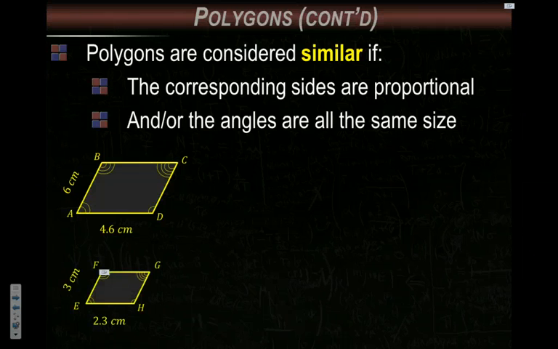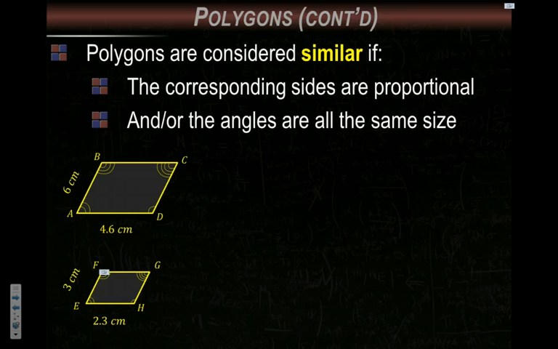Polygons are said to be similar if the sides are proportional and all the angles are the same. All the angles. Okay? So this would be an example of two similar polygons. They have all the same angles. And although their sides aren't the same length, they're a proportion to one another, right?